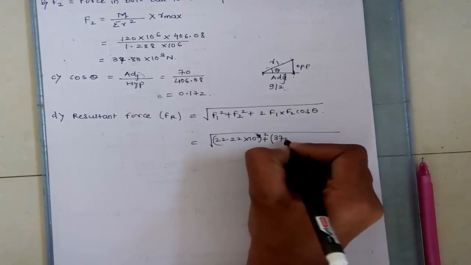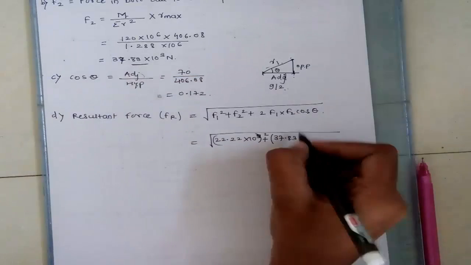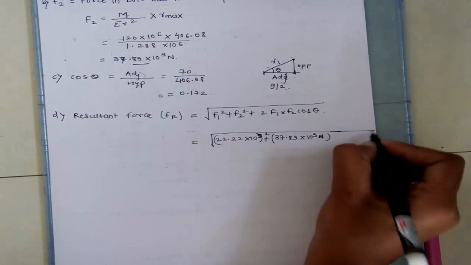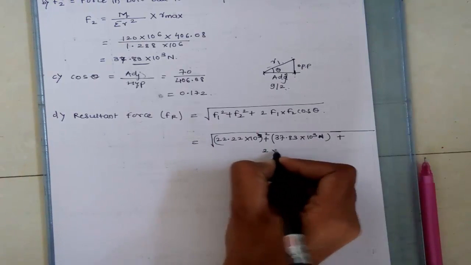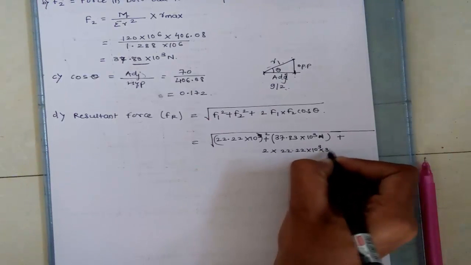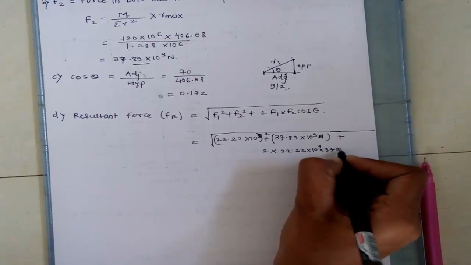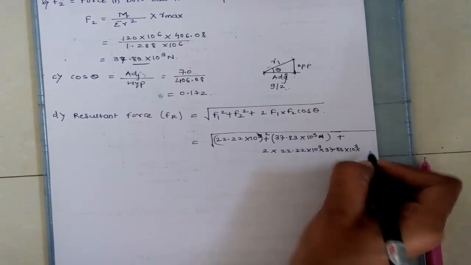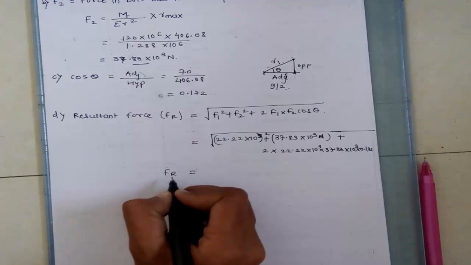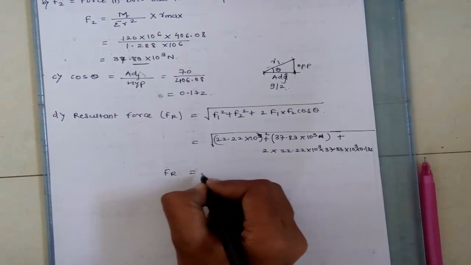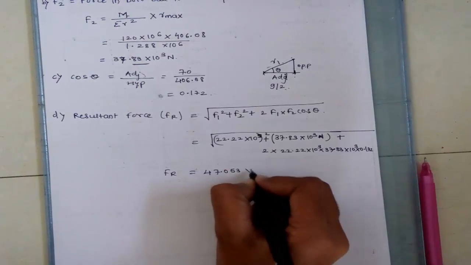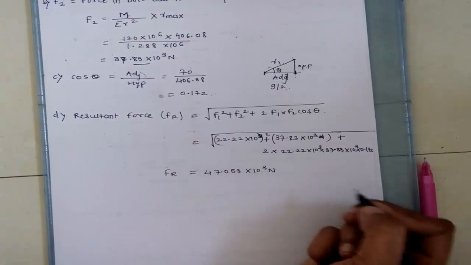F2 is 37.83 into 10 to the power 3 Newton, plus 2 into F1, 22.22 into 10 to the power 3, into 37.83 into 10 to the power 3, cos theta is 0.172. After the calculation, the resultant force equals 47.053 into 10 to the power 3 Newton.